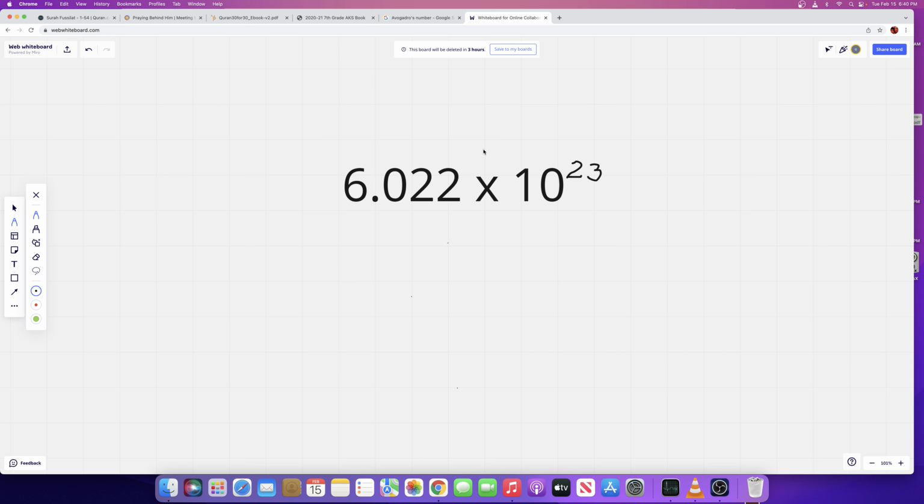Here's just an example, though this is not true, I don't think. If the atomic mass of an oxygen atom is 5, then one mole would be 5 grams of that atom. So it's just a unit of measurement.